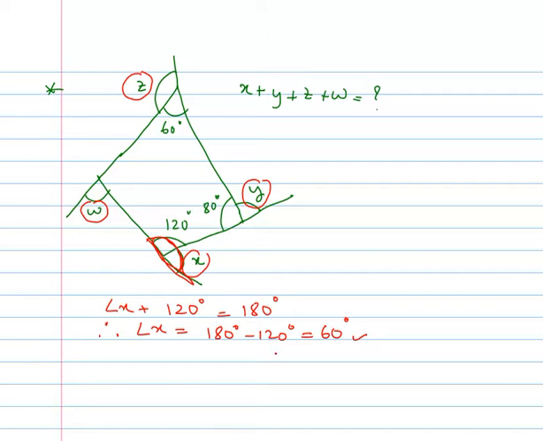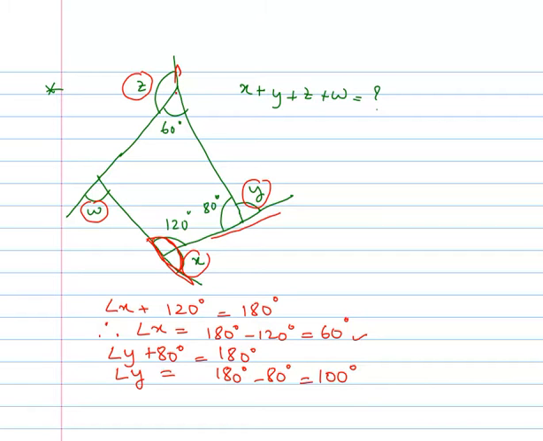Now we know angle X is 60 degrees. Similarly over here angle Y plus 80 degrees should be equal to 180 degrees. Therefore angle Y is equal to 180 degrees minus 80 degrees, which makes 100 degrees.